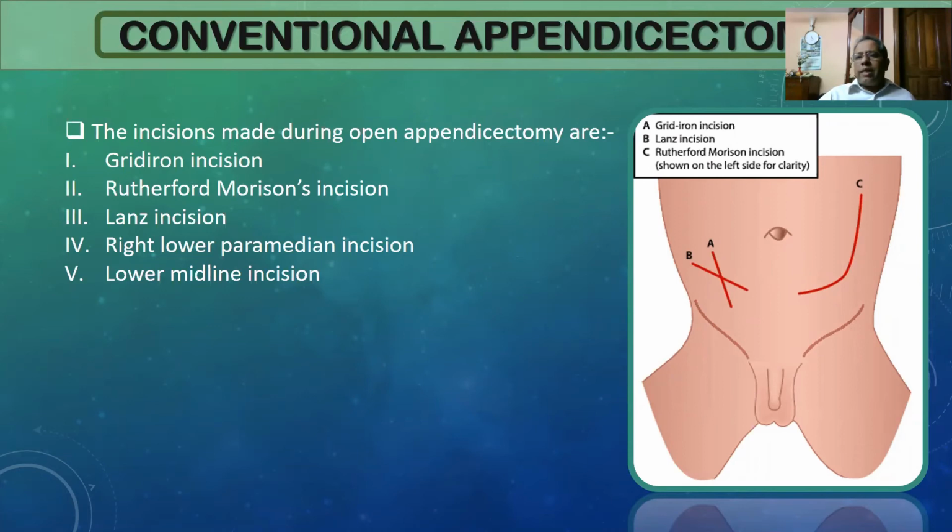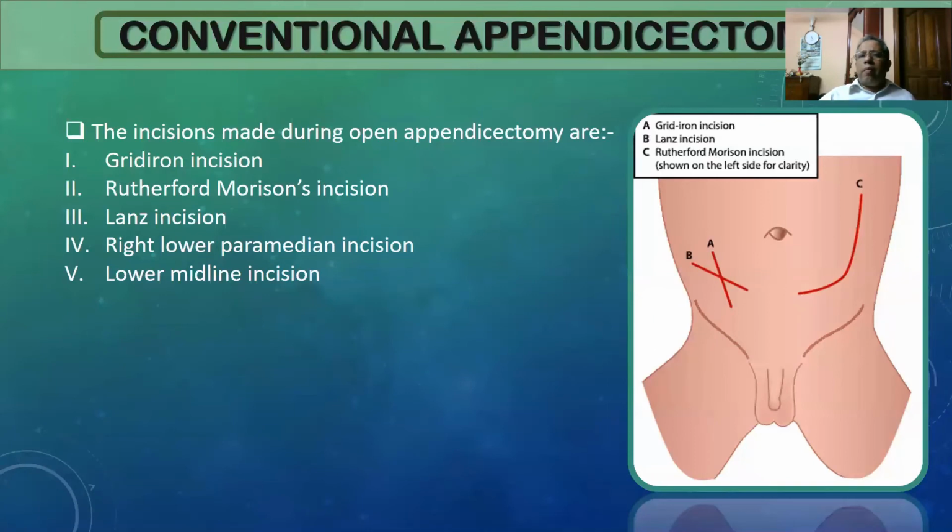If it is not visualized directly, in that case you can place your index finger inside the abdominal cavity and palpate, to ascertain whether any tubular structure is felt by your finger. Then you proceed further. And if there is any confusion, then you lift up the cecum, pull it out with the back of the forceps, look for the taenia, follow it down to the base, and then you can identify the base of the appendix.